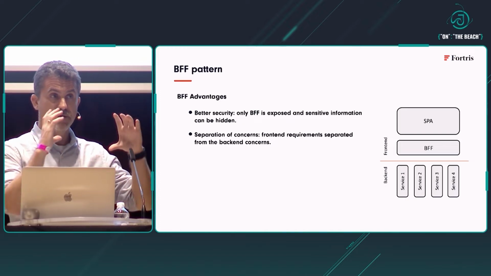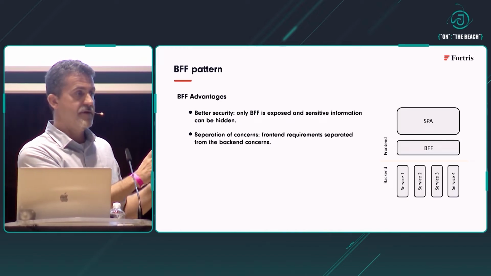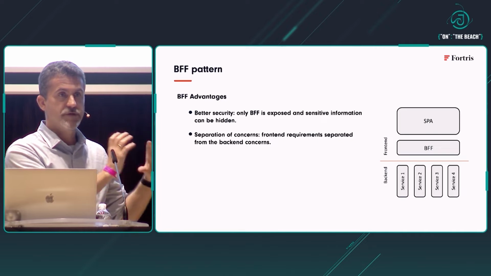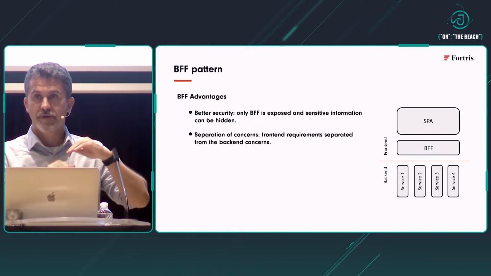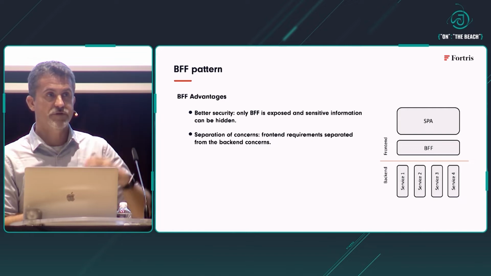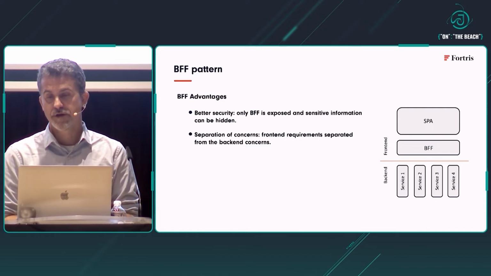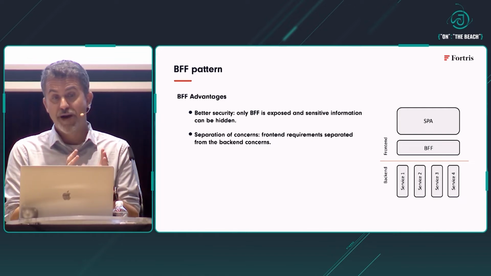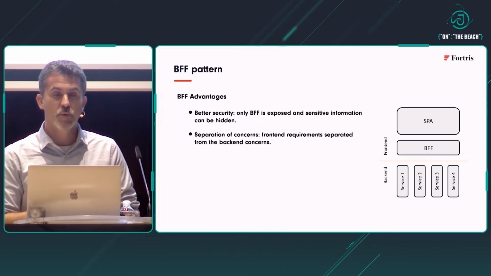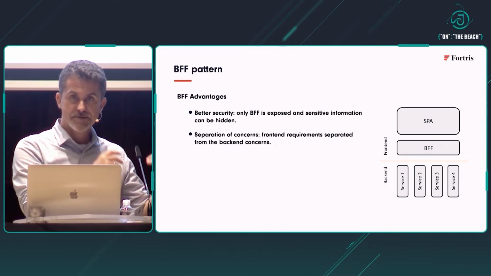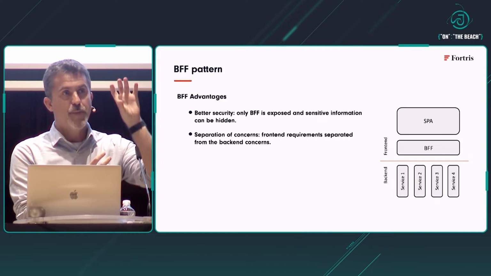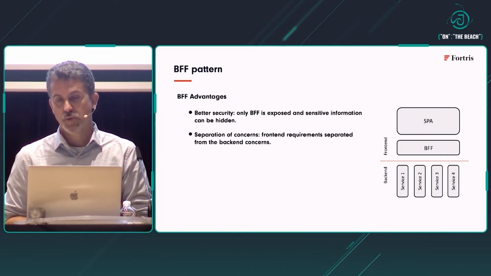So we can have the backend team and the backend platform focus only on the business logic, and then we can decouple from the requirements of visualization of our front end. So with the backend-for-frontend pattern, we even have the front end working on the server side, adapting per application we have.